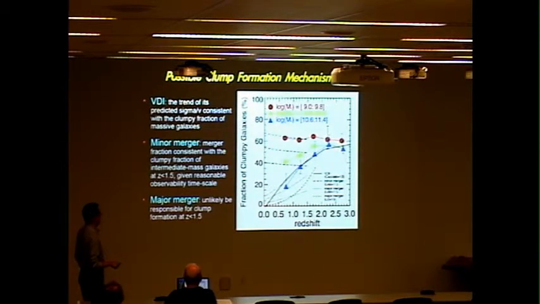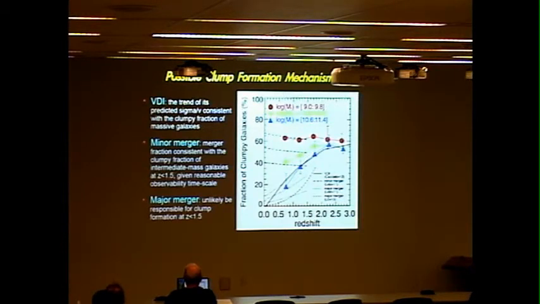But when you go to low redshift, the clumpy fraction of massive galaxies drops fast. When you go to 0.5, it's like 15% or 20%. For intermediate mass galaxies, it drops slowly. For low mass galaxies, the fraction is almost always 60%.